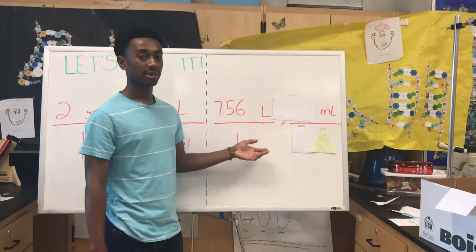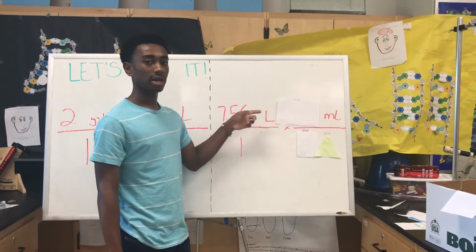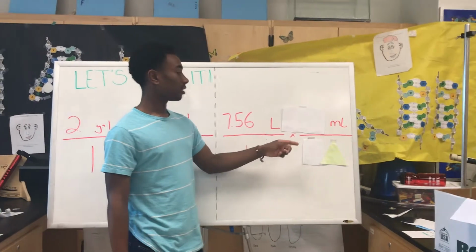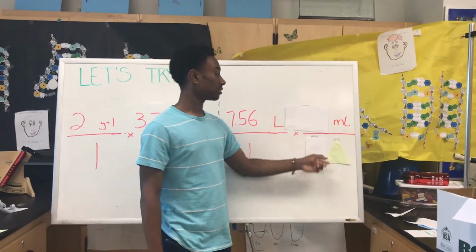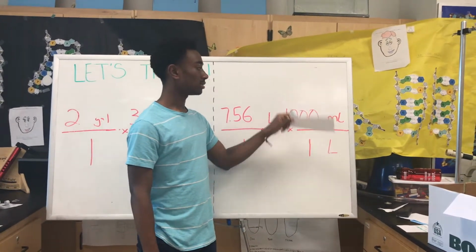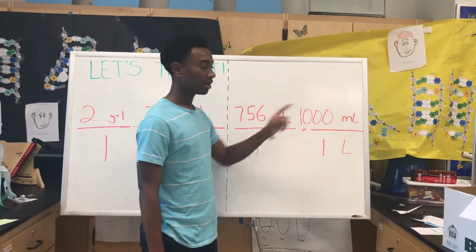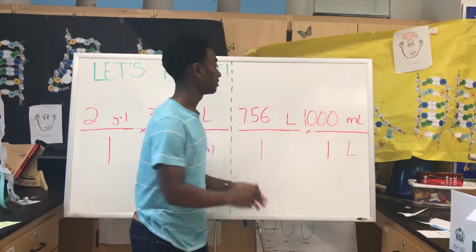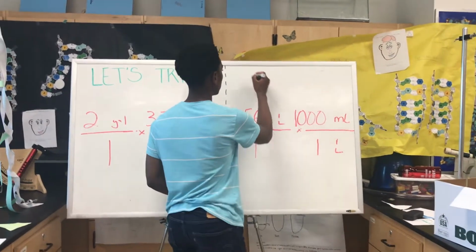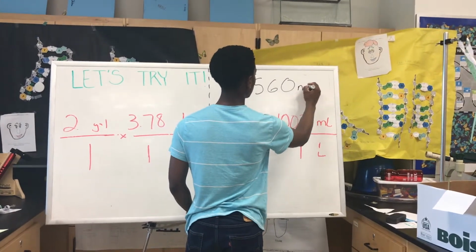In the second half of the conversion, you're going to start off with 7.56 liters, which we got from the first conversion of gallons to liters, over 1. You're going to multiply that by the milliliter to liter ratio. 1 liter is equal to 1,000 milliliters. You multiply numerator times numerator and denominator times denominator. The liters cancel out, and your answer will be 7,560 milliliters.